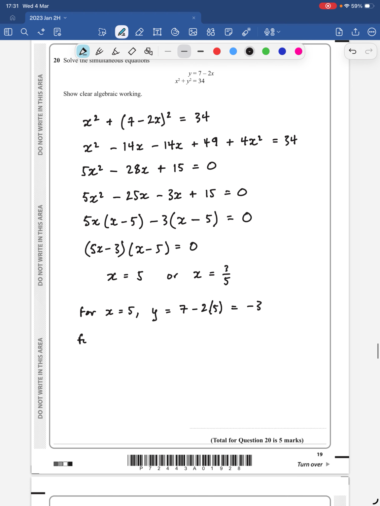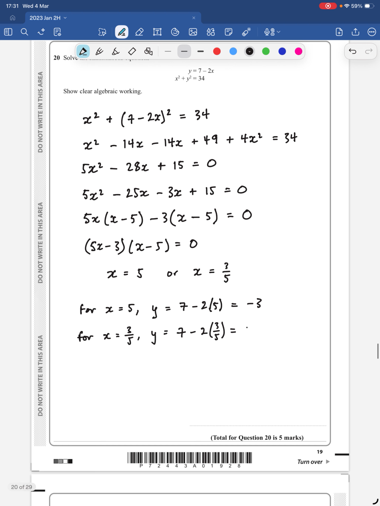And for x equals 3/5, then y equals 7 minus 2 lots of 3/5. And that's 6/5, so 1 1/5, which is going to leave me 5 4/5. And that's my solution.